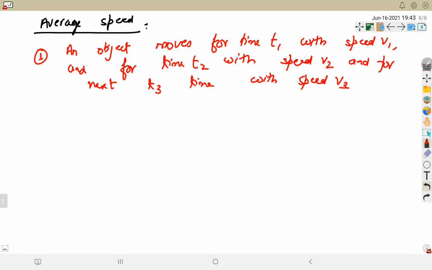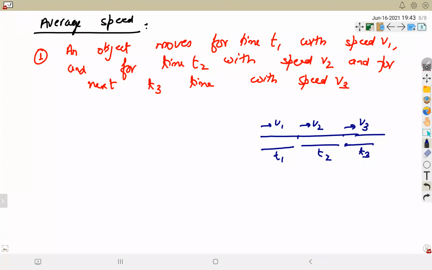So when he started, he maintains his speed v1 for time t1, v2 for next time t2, and v3 for next time t3. Calculate the average speed of this whole journey, entire journey.